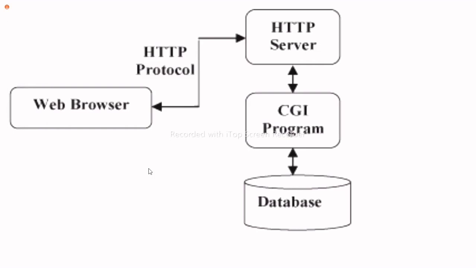So it is going through the HTTP protocol, going to the server. At the server level, it is checking if any action is required. Then the common gateway interface, CGI programming, is available. CGI we are writing in server side coding.